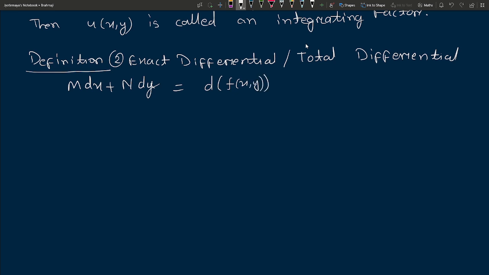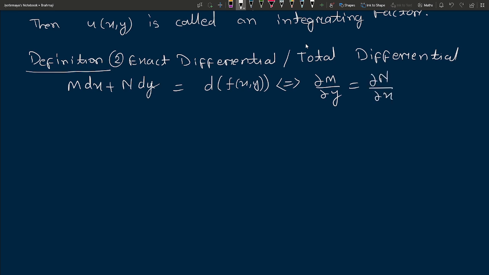If M dx plus N dy becomes the differential of some function, then we say that this is exact. And in this case, del M by del y must equal del N by del x.